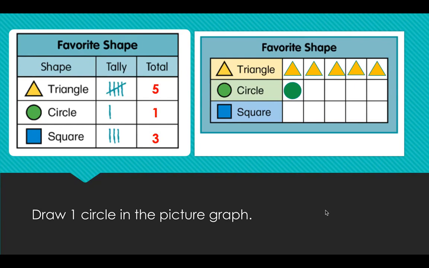Now let's take a look and see how many people said square is their favorite shape in the tally chart. Pause the video and draw the same number of squares in your picture graph as you see in your tally chart. Then play the video for the answer.